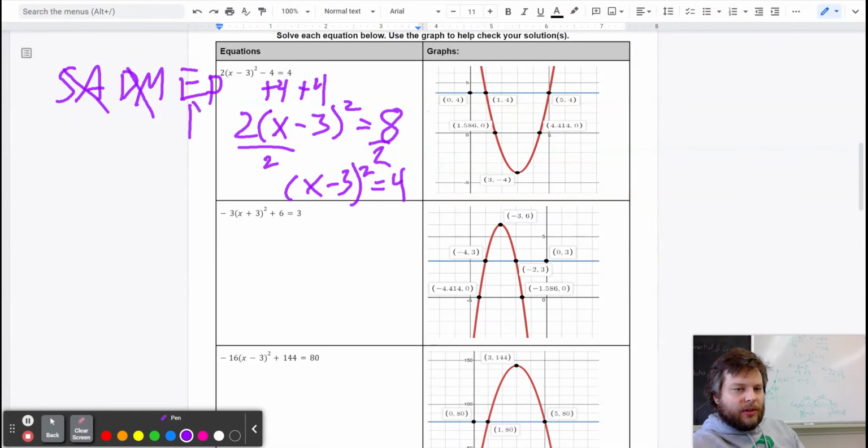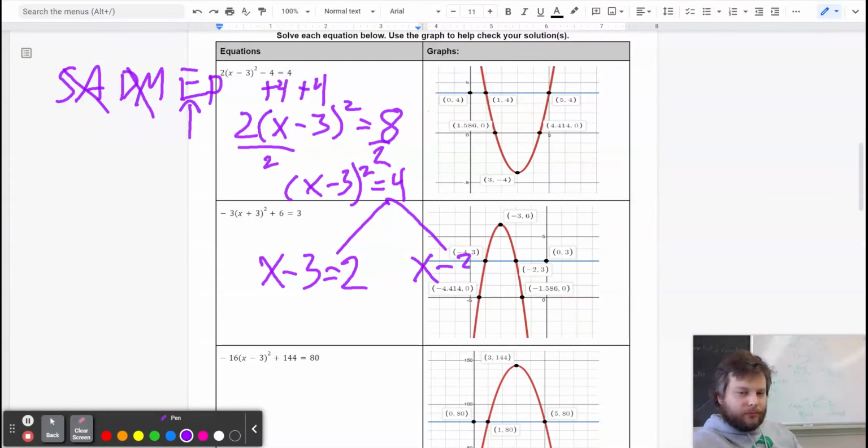Next I'll do exponents, which includes taking the square root. The square root of 4, like we just talked about, is a number times itself that makes 4. So it could equal positive 2, or the parentheses could equal negative 2. Notice that the last step in SADMAP is dealing with the parentheses.